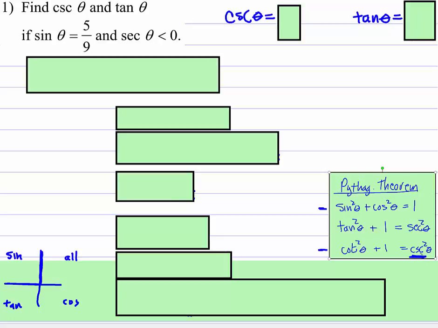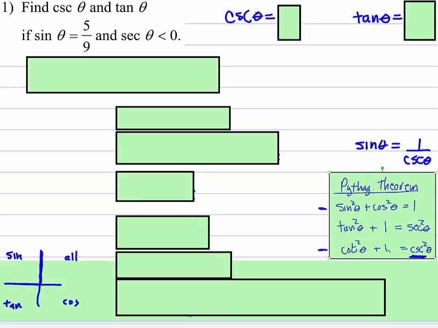And the other identity that we know is that sine theta is the exact same thing as 1 over cosecant theta. So cosecant is going to be the flip of that. For this example, I went ahead and used this one, since we more commonly use the first Pythagorean theorem. I wanted to use this one.